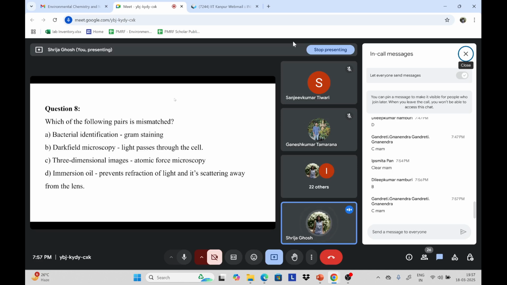Yeah, another answer is option C here in the chat box. Okay. What about others? Anyone else wants to answer? Okay, we have two votes for option B. So option B is the correct answer.